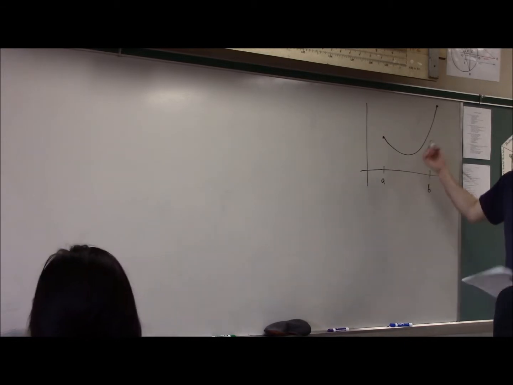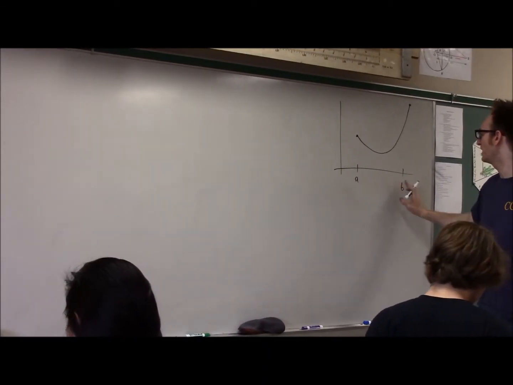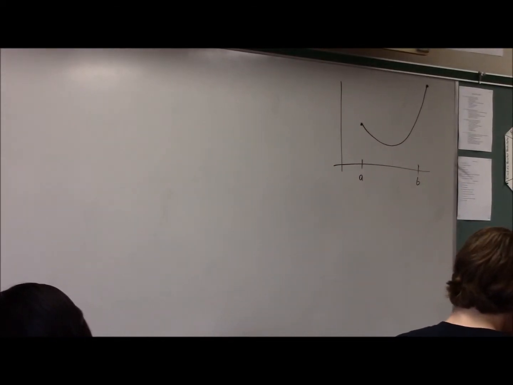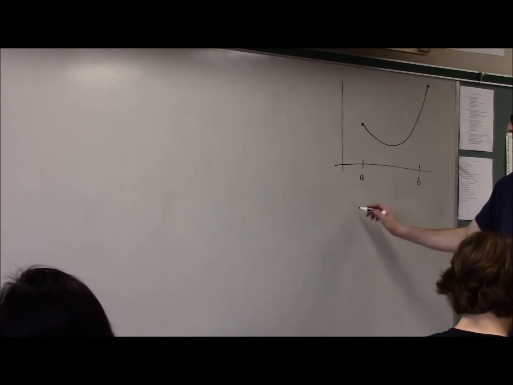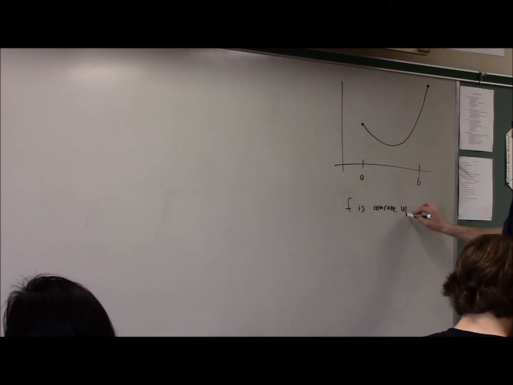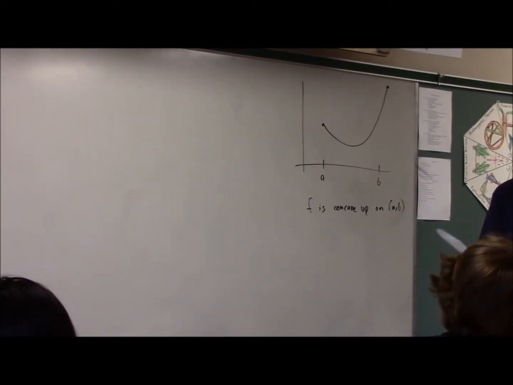This is kind of a fact about functions, which we could have proved way back in the third quarter, but didn't actually. What is our definition of concave up? If f is concave up on the interval a b, another way to say that is all tangent lines are under.